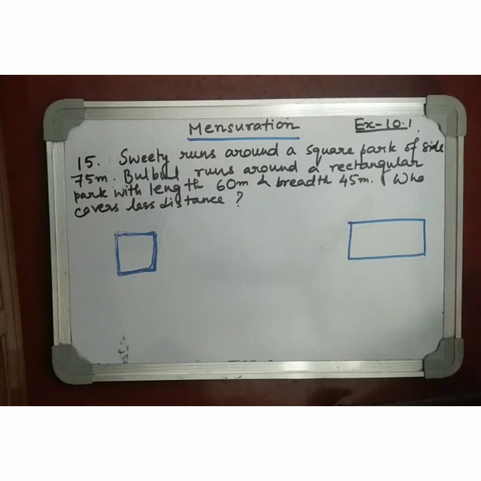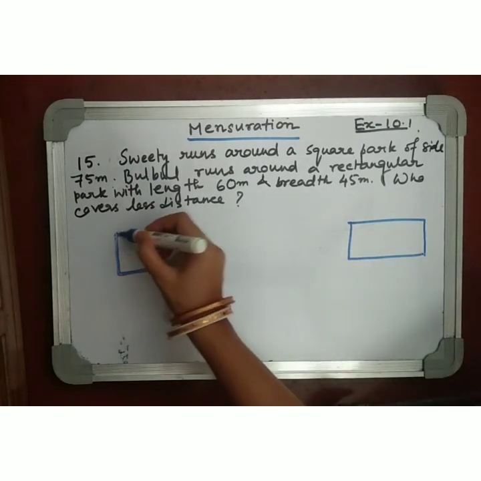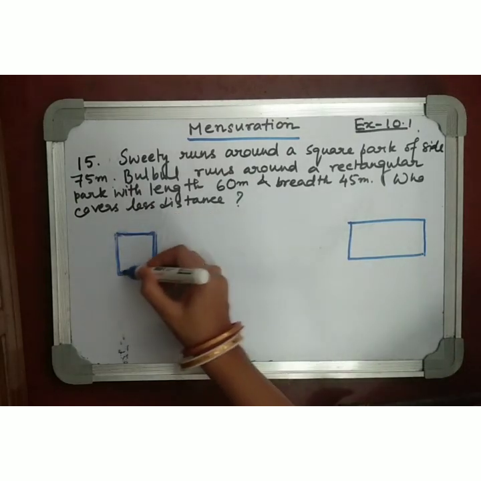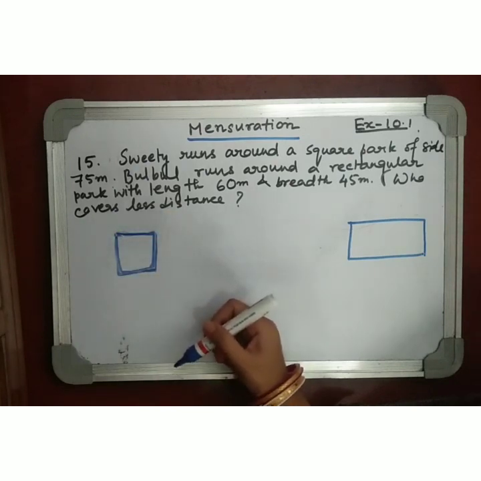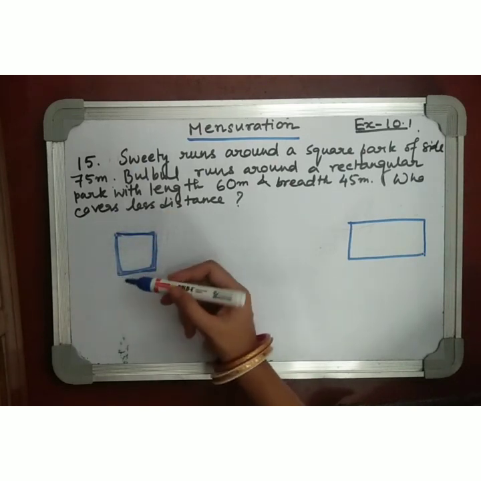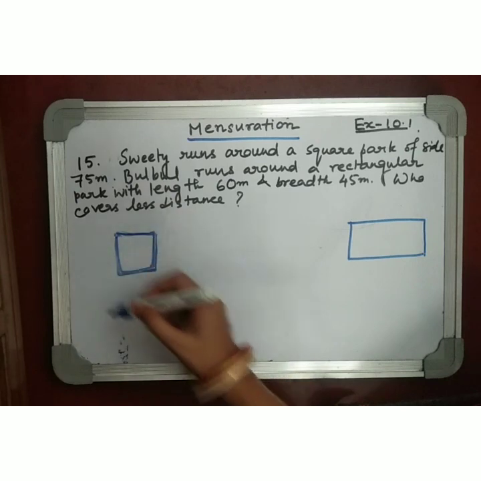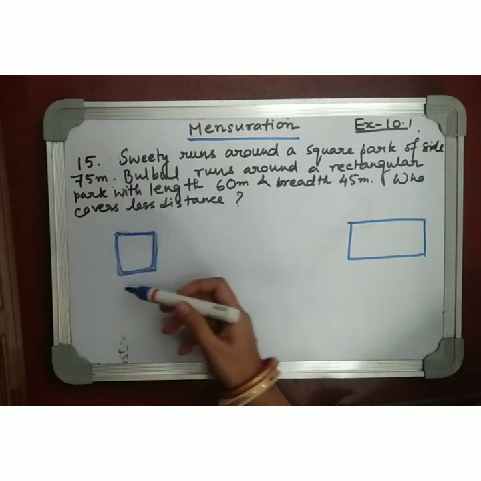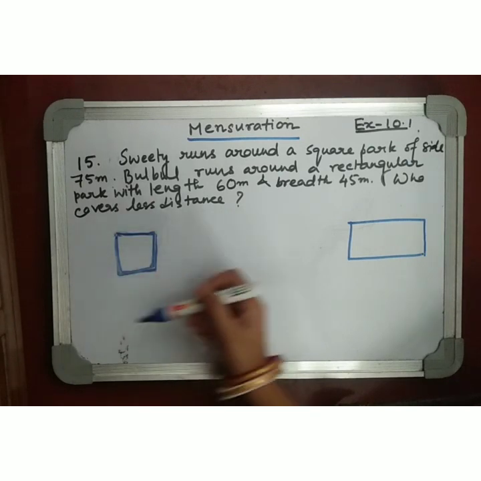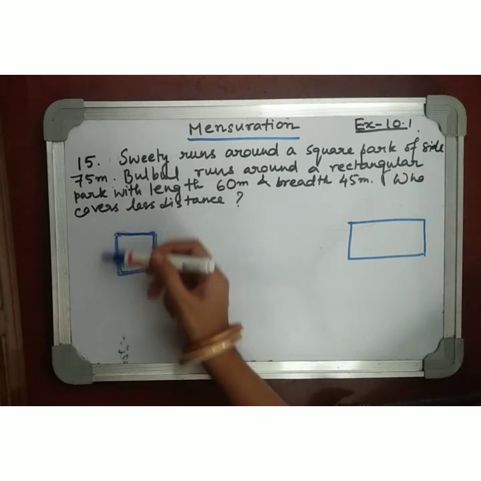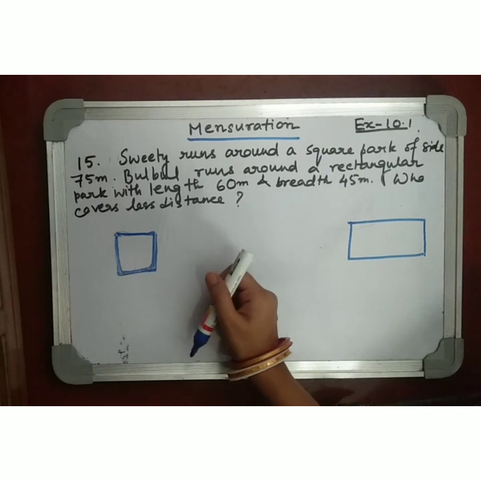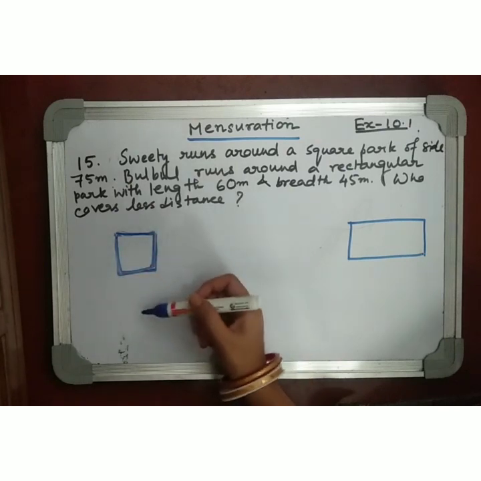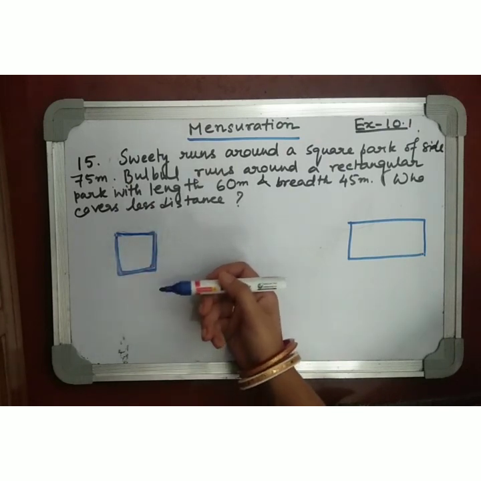If Sweetie is running towards the boundary of that square park, then Sweetie is just completing a move around the square park. She is moving around the perimeter of that park because she is moving around the square park. It means she is covering the perimeter.